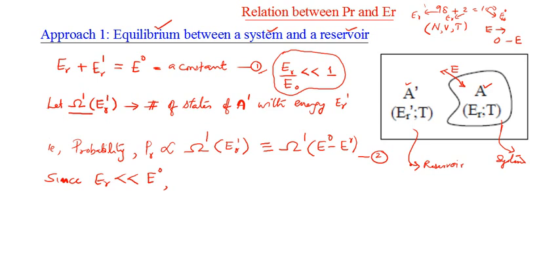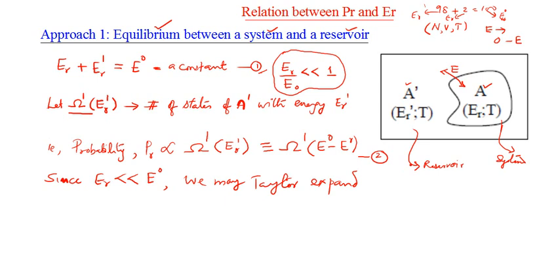That is a proper situation for doing the Taylor expansion, like the Taylor series expansion for a function f of x around some particular point, say x equal to a, whenever that a lies very close to x. Similarly, here we may Taylor expand the function as a Taylor series around the value E_R prime equal to E naught.